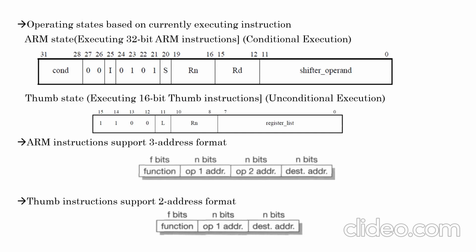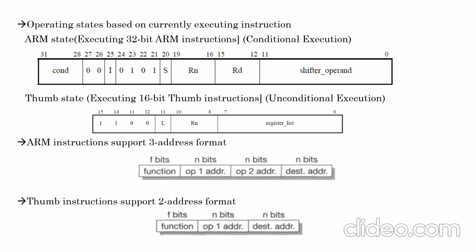Next one, ARM instructions generally support a 3 address format. 3 address format means within an instruction 3 registers will be present: 2 registers representing 2 source memory locations, and 1 register representing a destination memory location. A register is nothing but a representation of a memory location, equivalent to a data pointer.